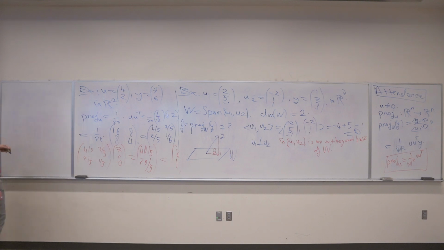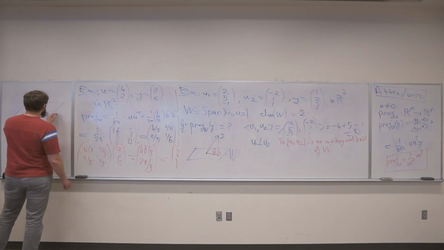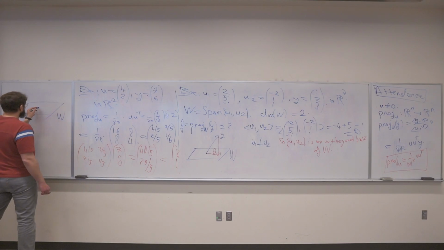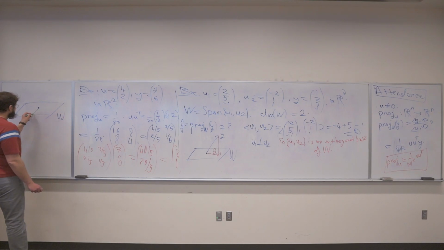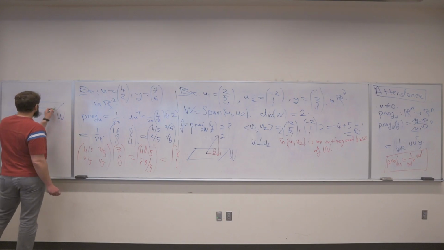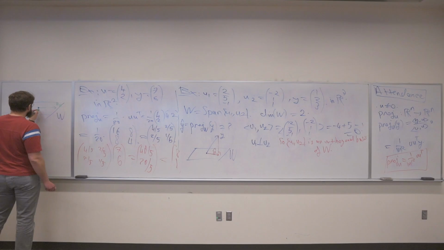I'll draw the picture again, like so. That's my W. Here is the origin. Here are my basis vectors, let's say u1, here's u2. And the angle here is 90.